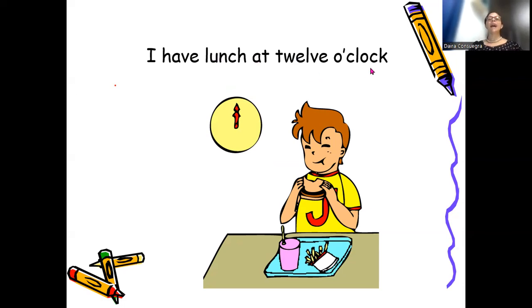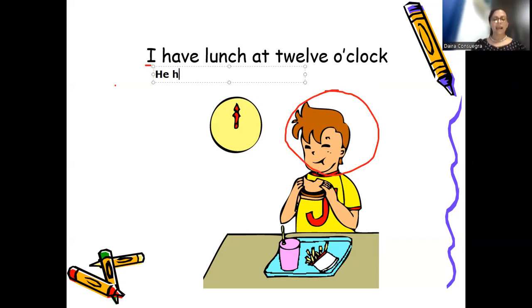I have lunch at 12 o'clock. I have lunch, almuerzo a las 12. If I want to say that is he, él, como si fuera él, el que almuerza a las 12, voy a decir, he has lunch at 12. Okay? Why has?